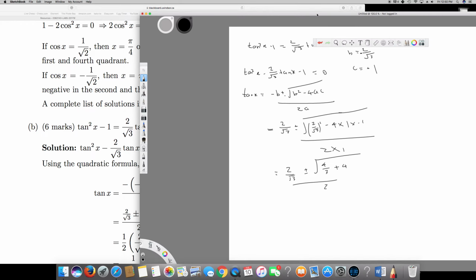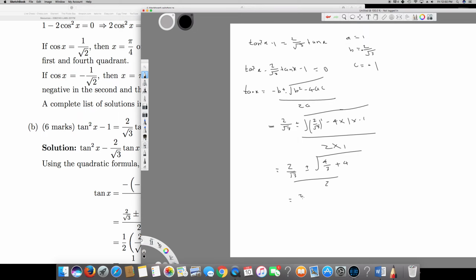So which is going to give me 2 over root 3 plus or minus 4 over 3 plus 4, which is 16 over 3, 16 over 3 over 2.